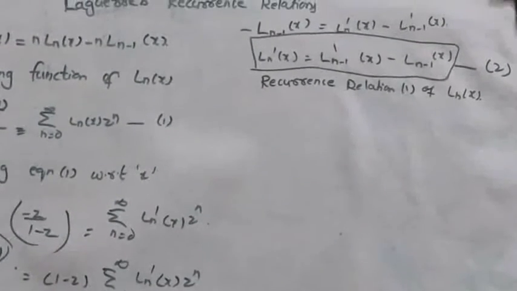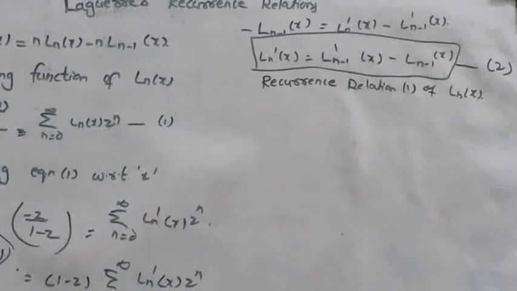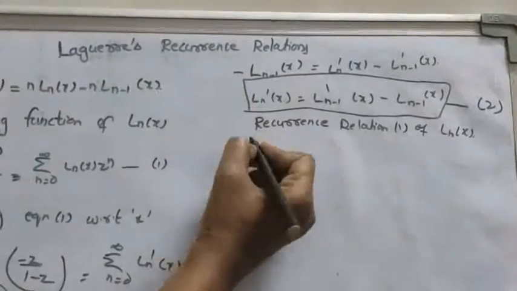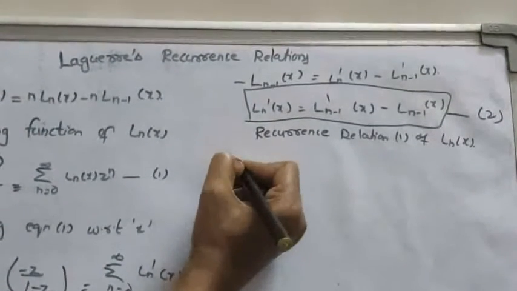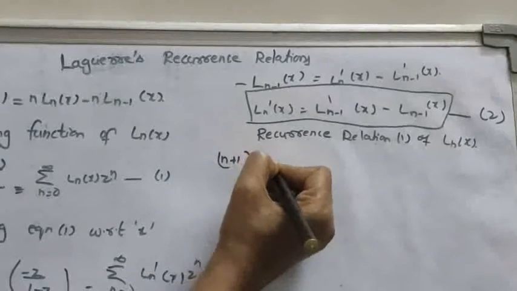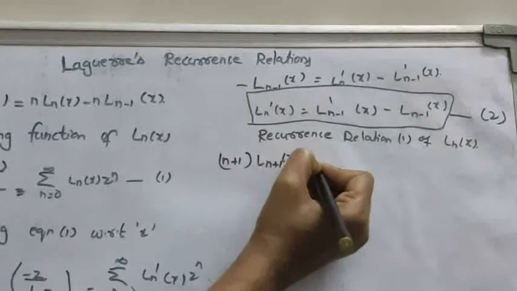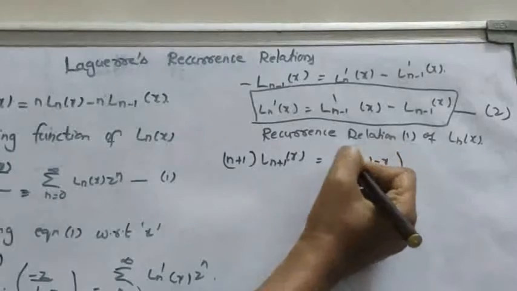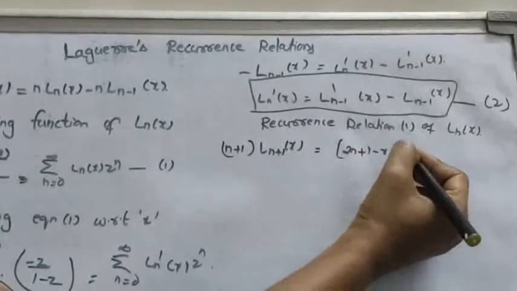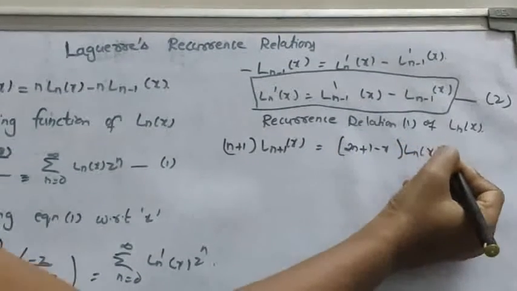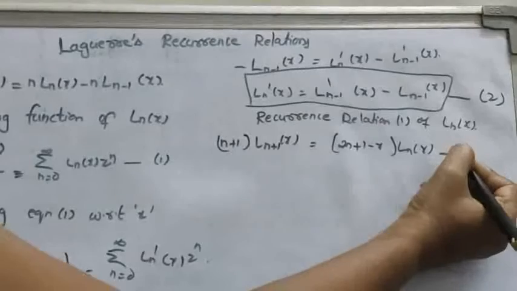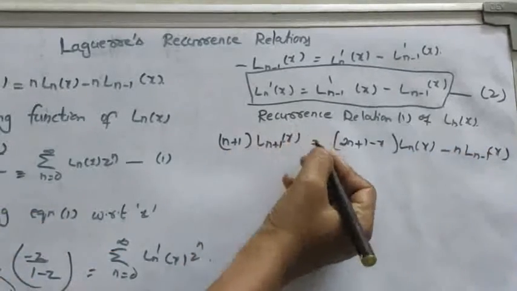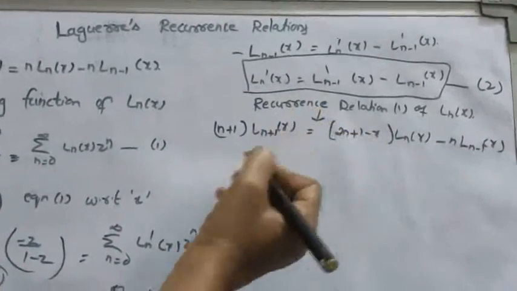It is given by n plus 1 into Ln plus 1 of x is equal to 2n plus 1 minus x into Ln of x minus n into Ln minus 1 of x. So this is the recurrence relation 1.